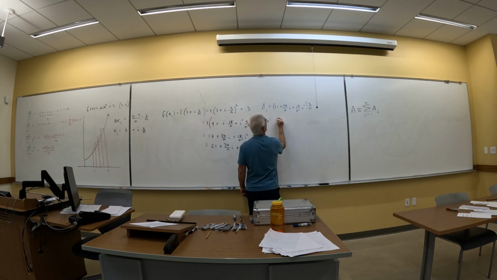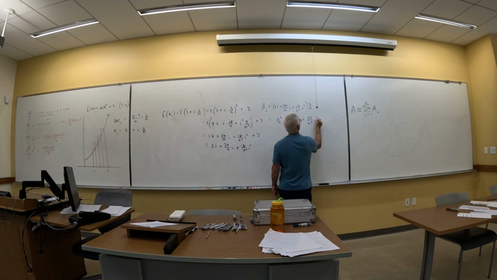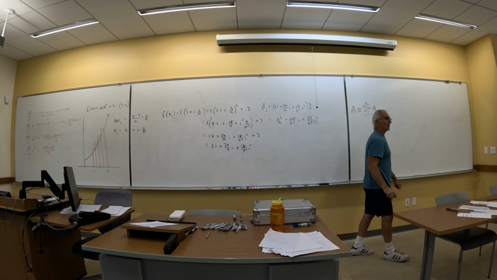And that gives me 63 over n plus 108 over n squared i plus 54 over n cubed i squared. This is the area of the ith rectangle.